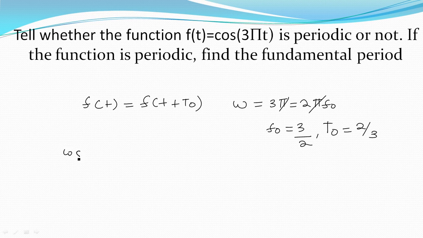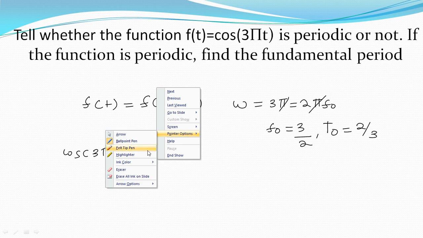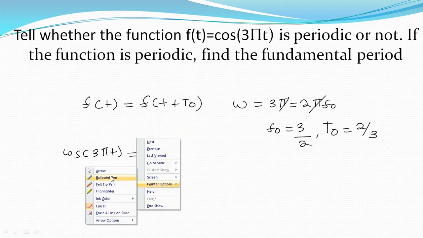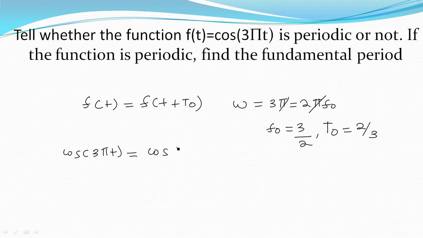So cosine 3 pi t, kailangan daw equal siya sa cosine of bracket 3 pi times t plus 2 over 3.